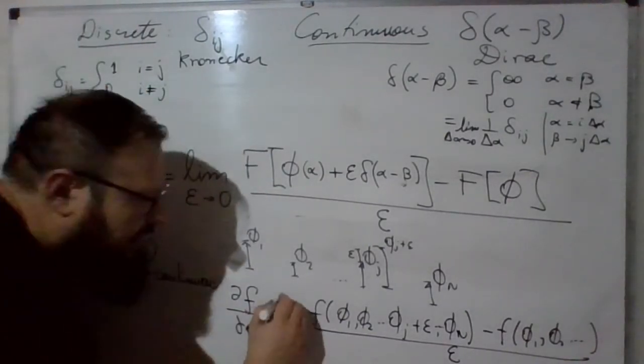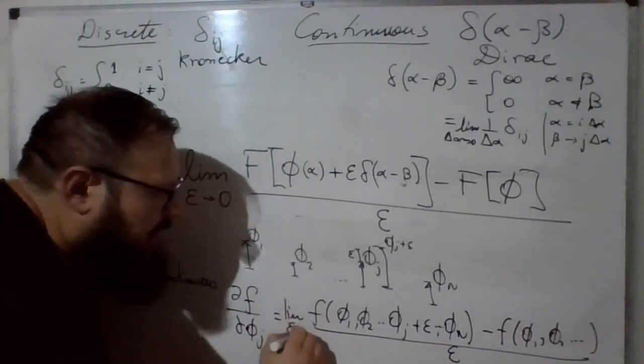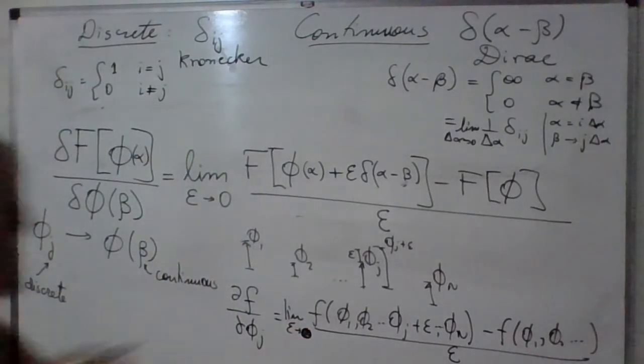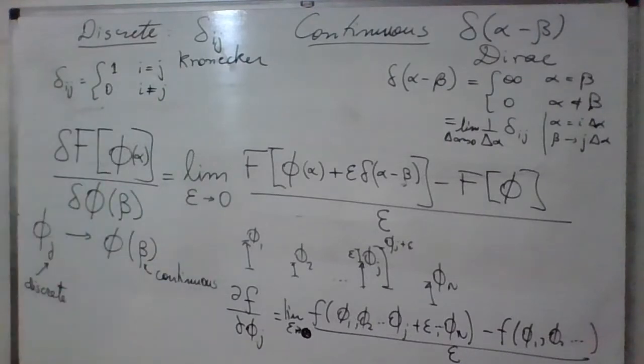In the end, I take the limit where epsilon goes to 0. Okay, this is a partial derivative.